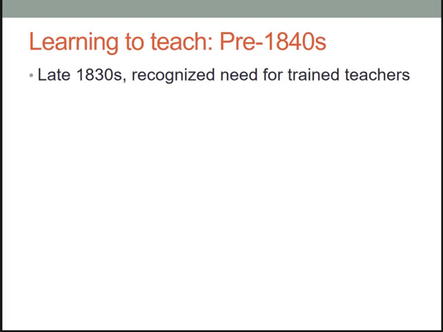Egerton Ryerson, who we've mentioned before, called for the training of teachers in order to raise their professional status. He believed that there could not be good schools without good teachers who were trained for the profession, and that centrally controlled teacher training would form the cornerstone of the education system of the province.